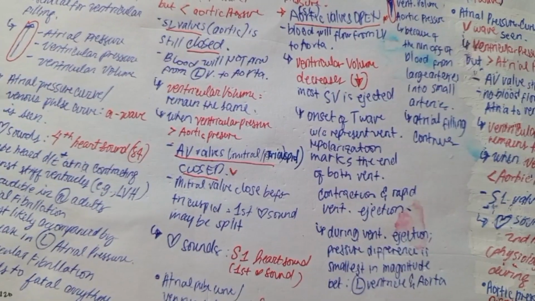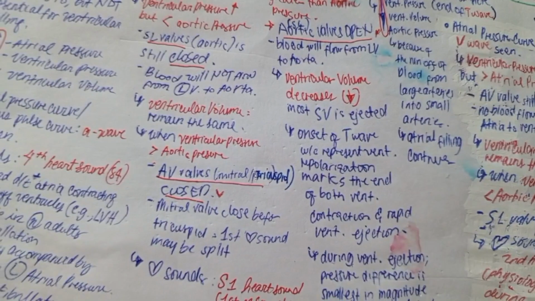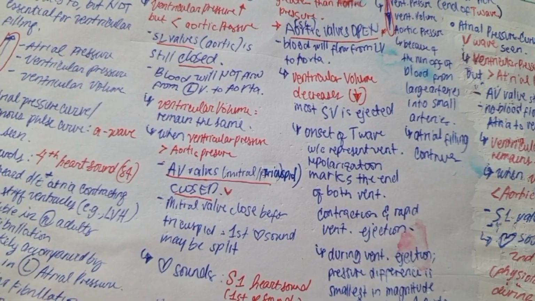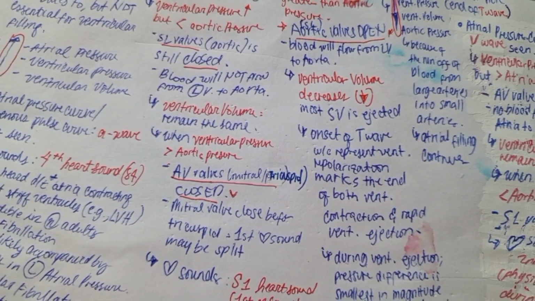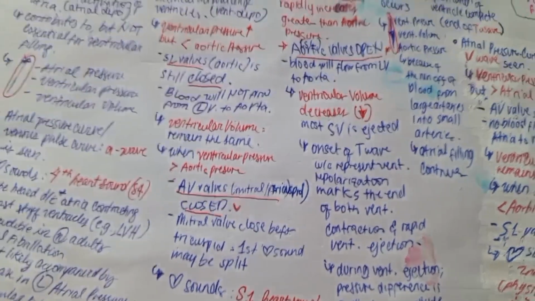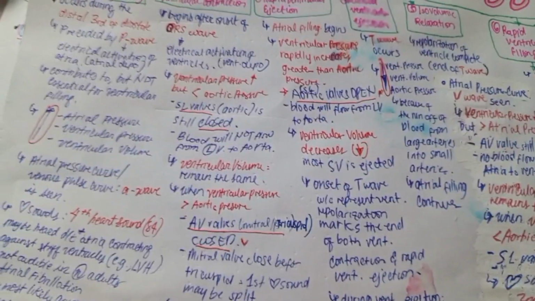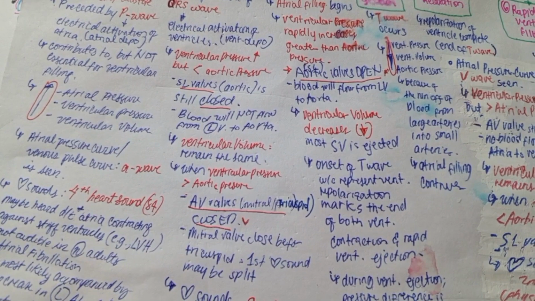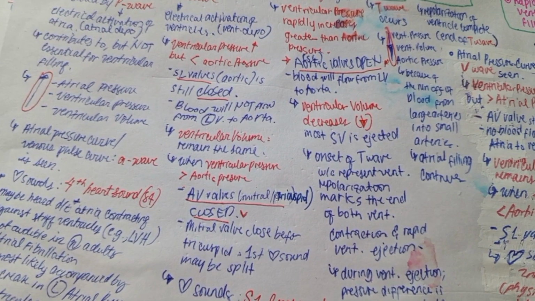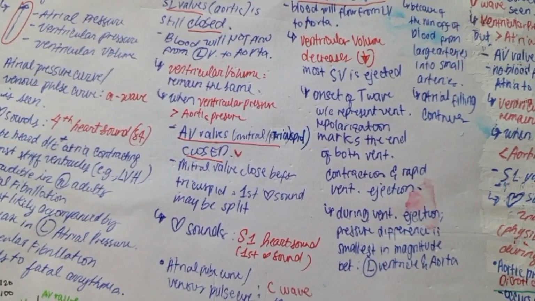Pulmonic is a semilunar valve together with the aortic valve. So the AV valves, such as the mitral and tricuspid valve, will close when ventricular pressure is greater than the aortic pressure. So this is during the isovolumic ventricular contraction. And the mitral valve closes before the tricuspid, and the first sound, or the S1, may be split.